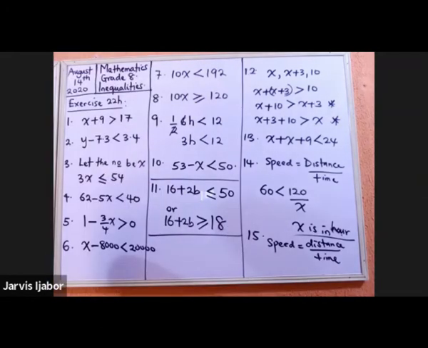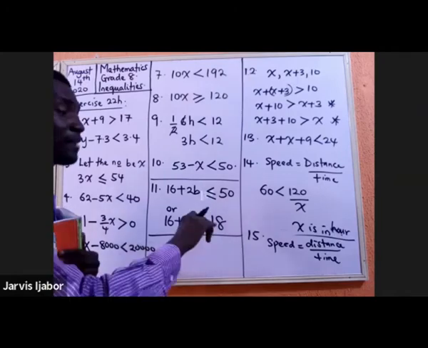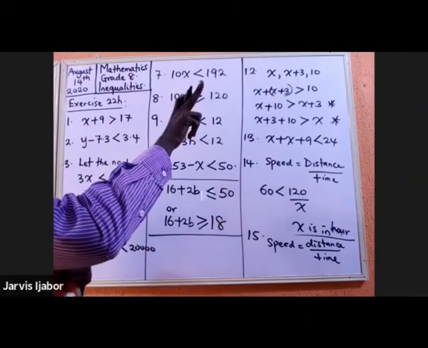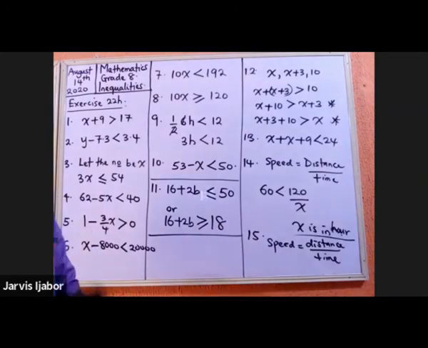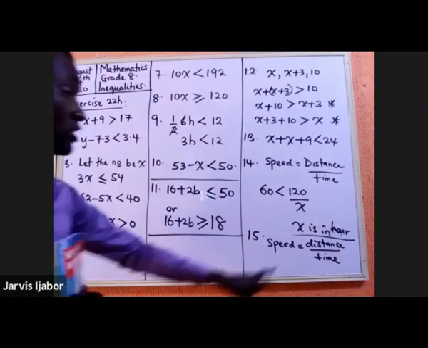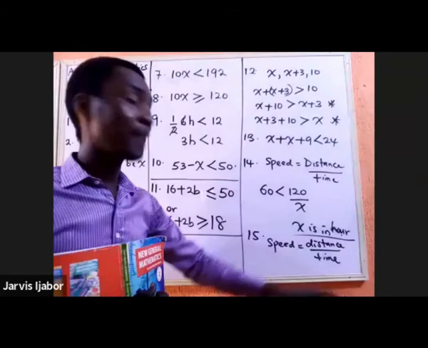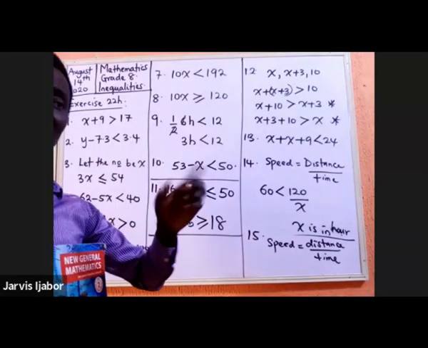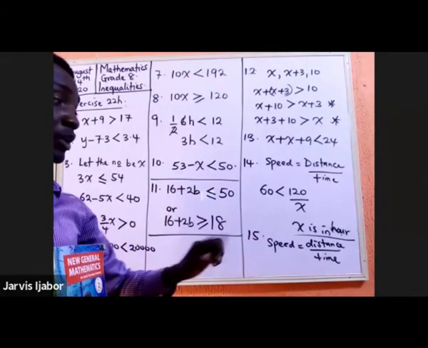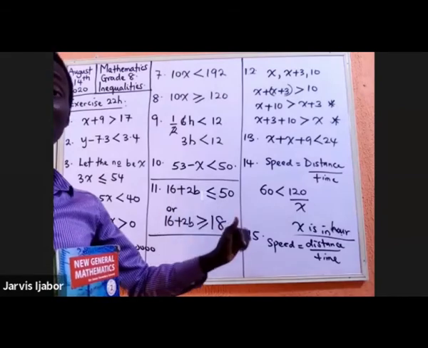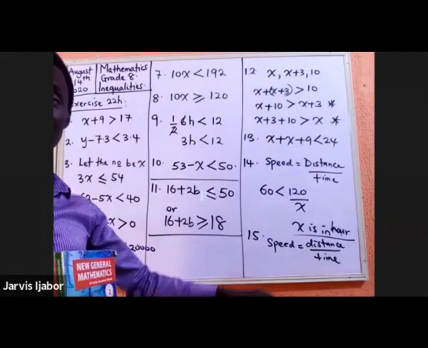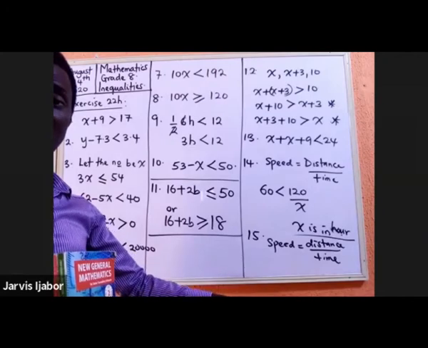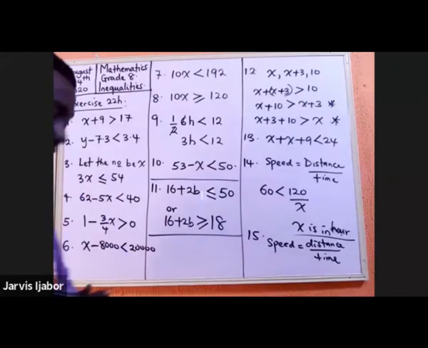If the time is increasing, the speed will be dropping. If it's covering the same distance, speed and time are not direct, they are inverse. If you increase the speed, you will spend less time. If you reduce the speed, you will spend more time. Do you get it?